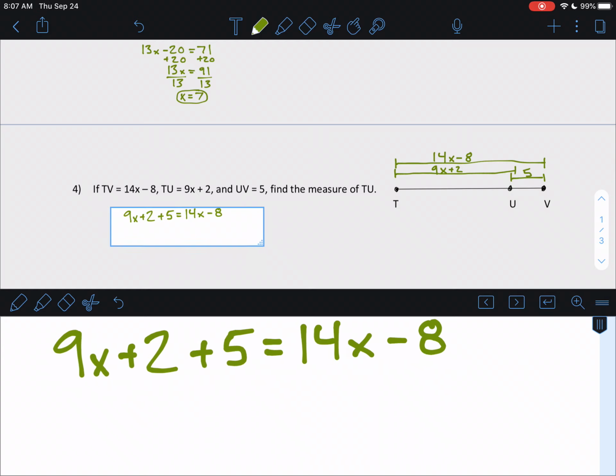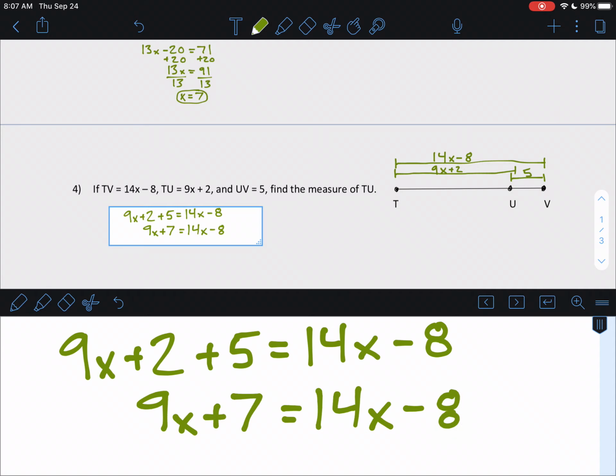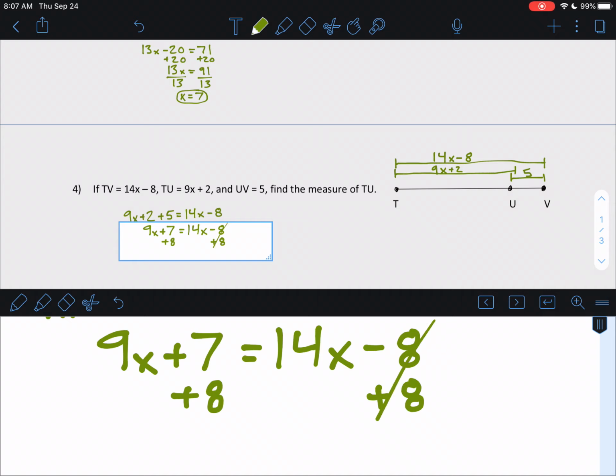My first step that I'm going to do is combine like terms on the left side. So 2 plus 5 is 7. So 9x plus 7 equals 14x minus 8. And then my next step, I guess I'll add 8 to both sides. So those cancel out. 7 plus 8 is 15. So I got 9x plus 15 equals 14x.